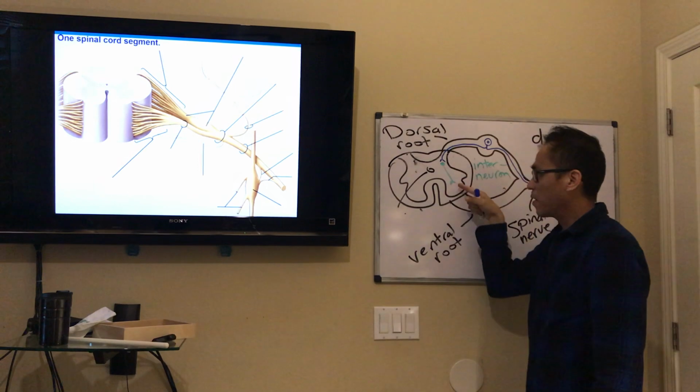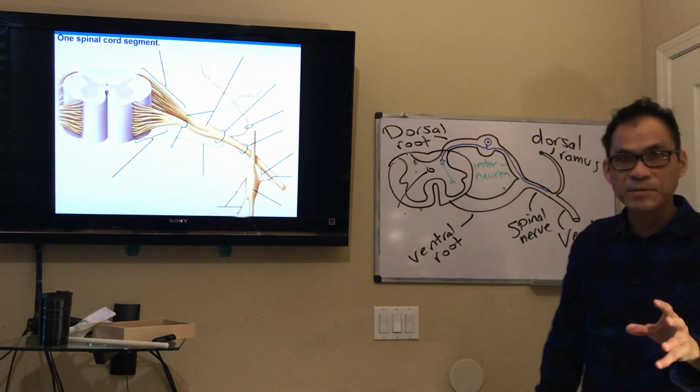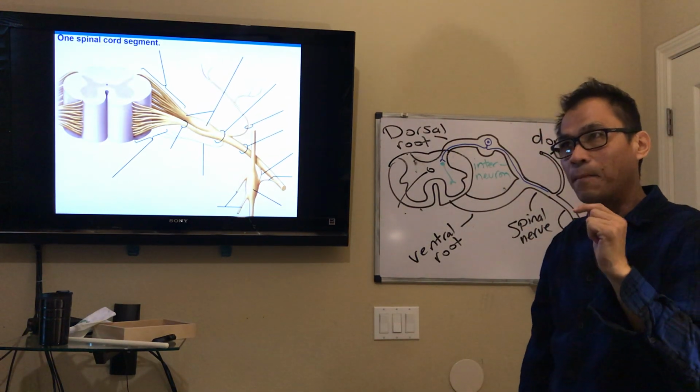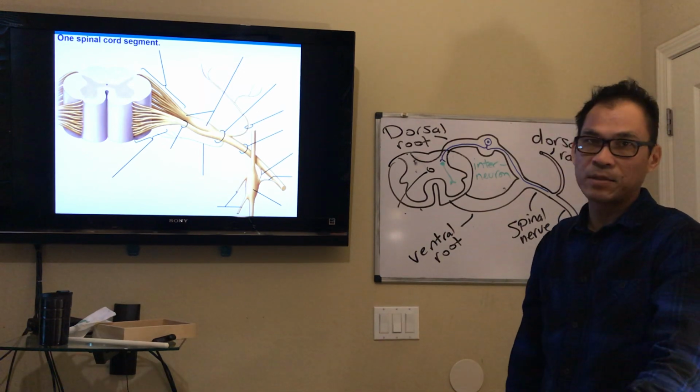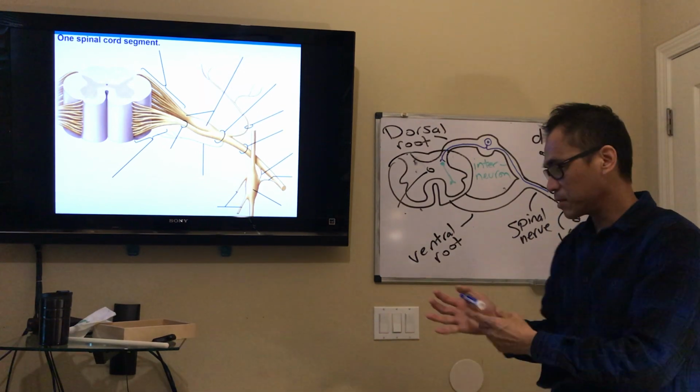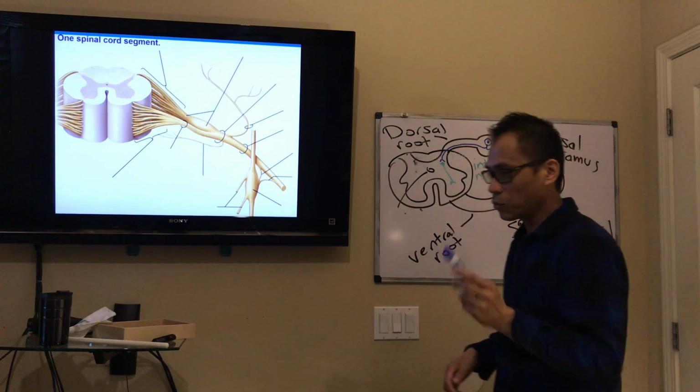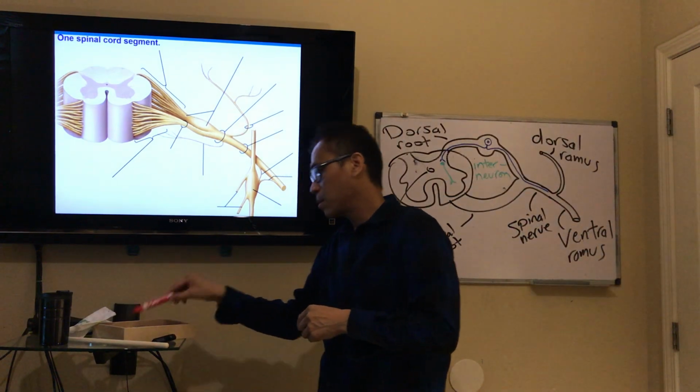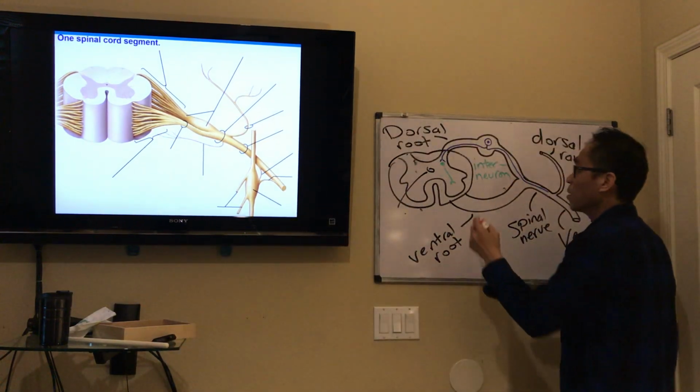It's completely within the CNS, and it will synapse onto the correct motor neuron for the correct response. Say this is a reflex. Remember, the spinal cord is a reflex organ. So red for motor. Right here.